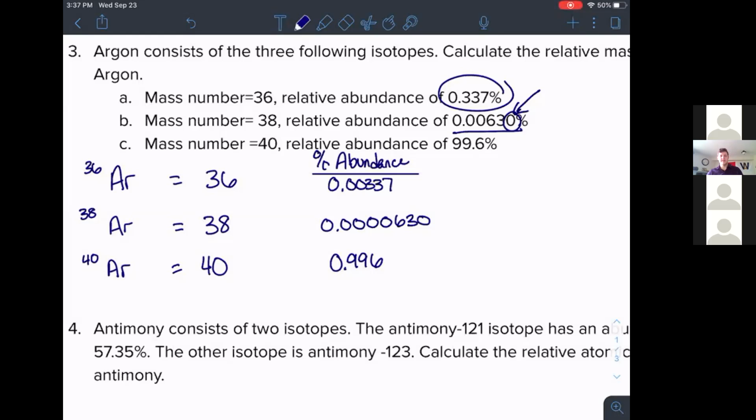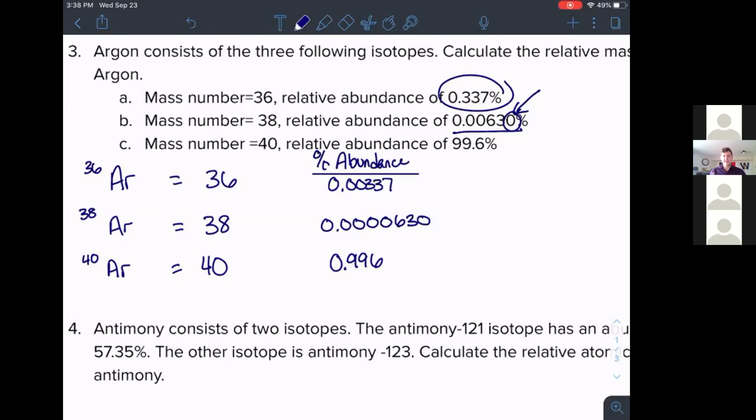Closer to 40. Probably closer to 40 since 99.6% of its relative abundance, when we find it out in nature, 99.6% of the time, it has a mass number of 40. So it's probably going to be closest to 40.